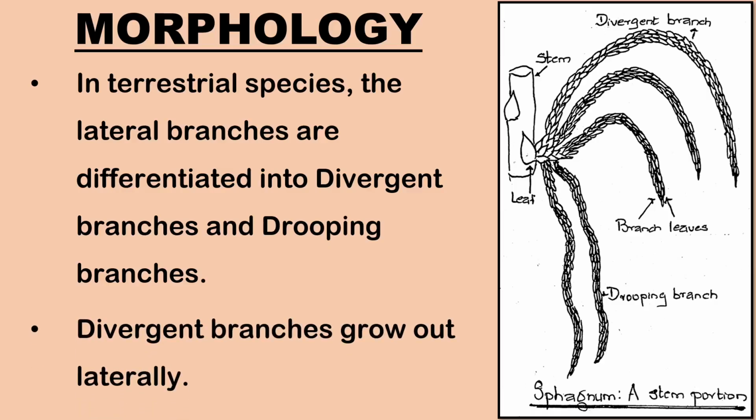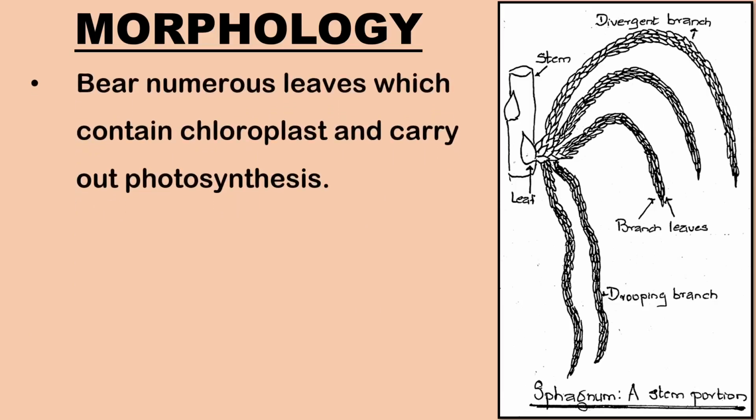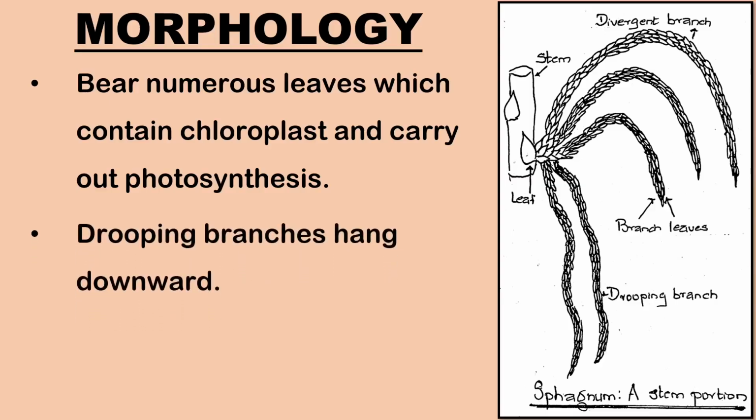Divergent branches spread outward horizontally from the main axis and grow out laterally. They bear numerous leaves, which contain chloroplast and carry out photosynthesis. Drooping branches hang downward very close to the main axis.